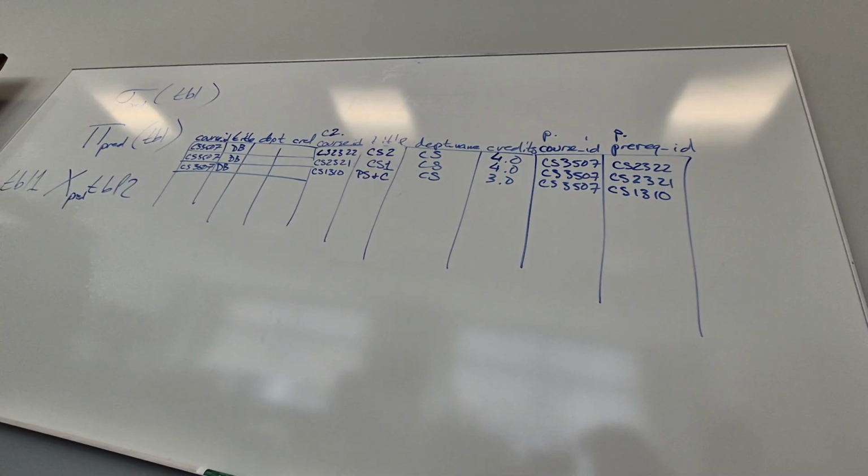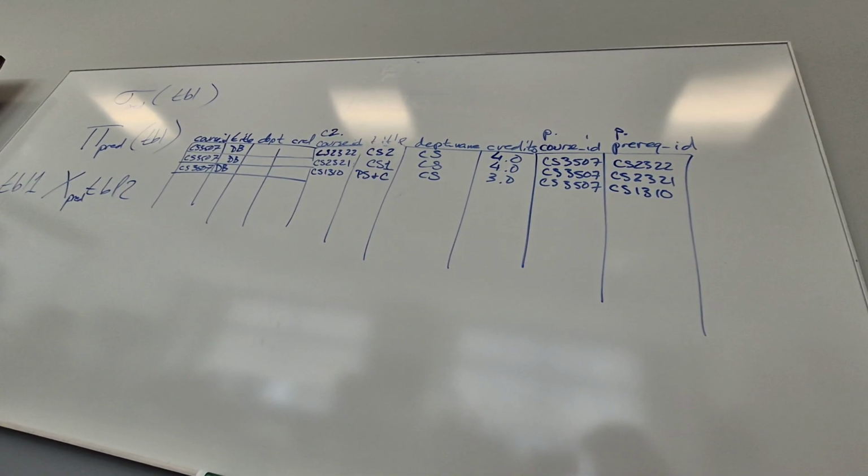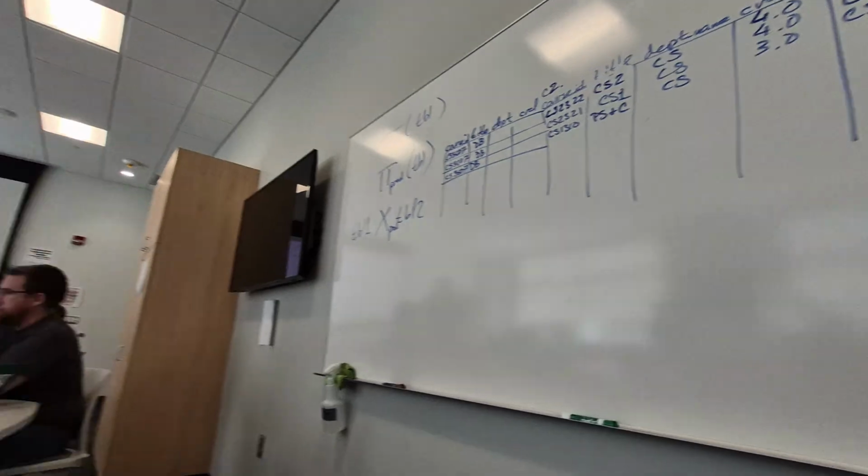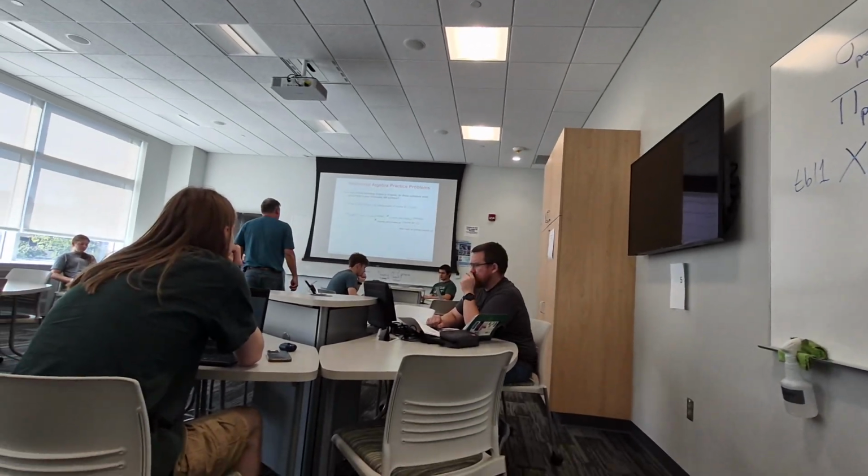Again, order doesn't really matter. Order of columns, order of rows. We end up with the same information either way.